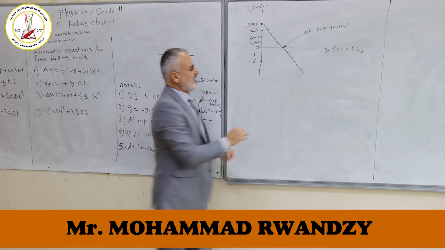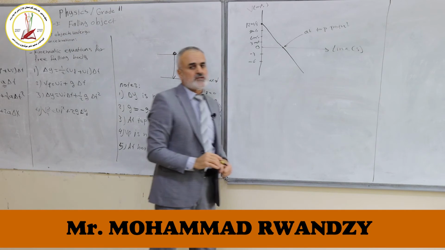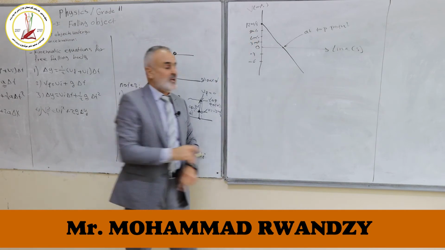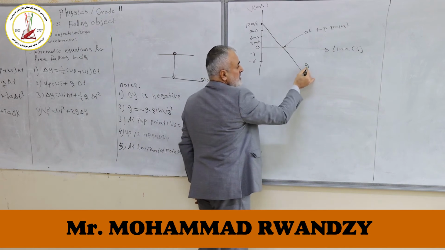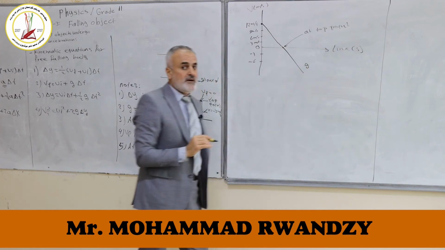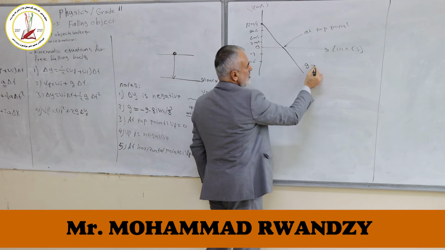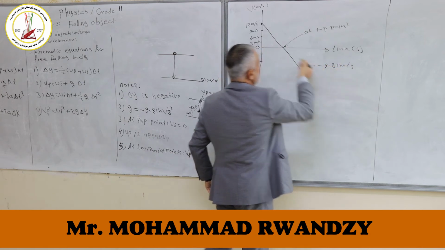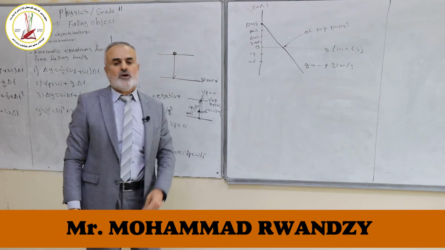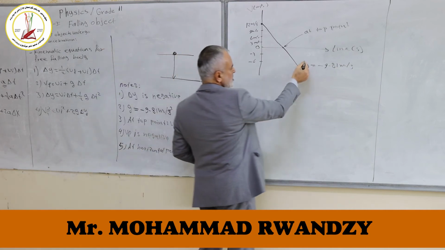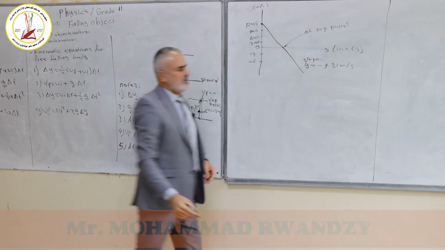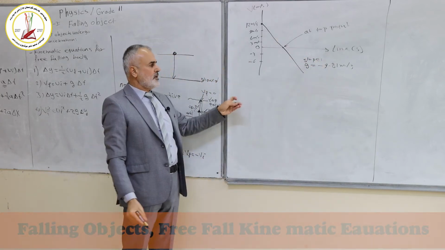So this is the motion of the object. This line is for the acceleration. Acceleration, as we said, equals g. How much is g? It is always equal to -9.81 meters per second squared, which is equal to the slope. So g equals the slope of this line, -9.81.